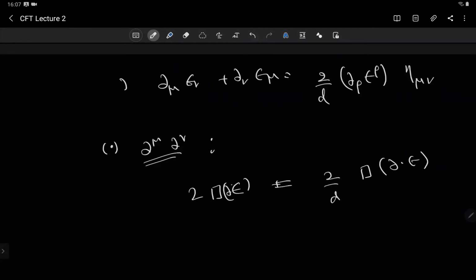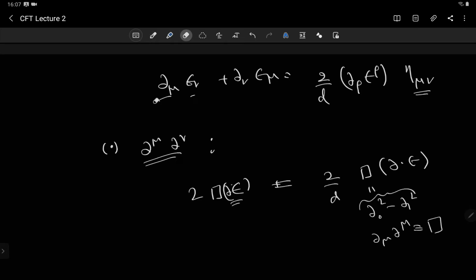Meaning if you do del mu here, then del mu becomes box, and del nu epsilon nu becomes del dot epsilon. The same thing happens on the other side, and because it's eta mu nu, it becomes box. This box is the Laplace operator, just del 0 squared minus del 1 squared. Is it clear?